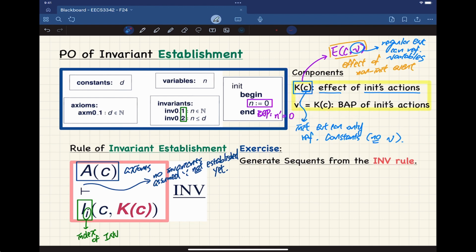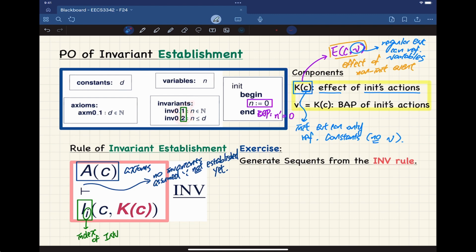Now let's get to the important part. Based on the model over here, and also based on the proof obligation, how can we generate the proof obligation sequents? That's the next step. How many of them? 2. Because we've got one invariant condition to be shown as established, and the second one to be shown as established.